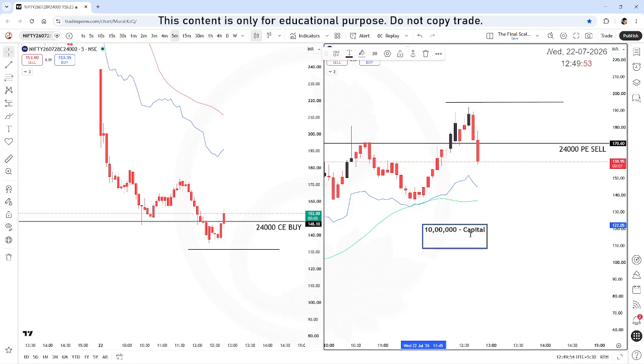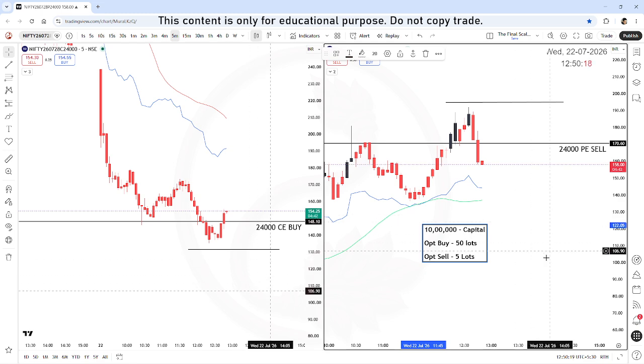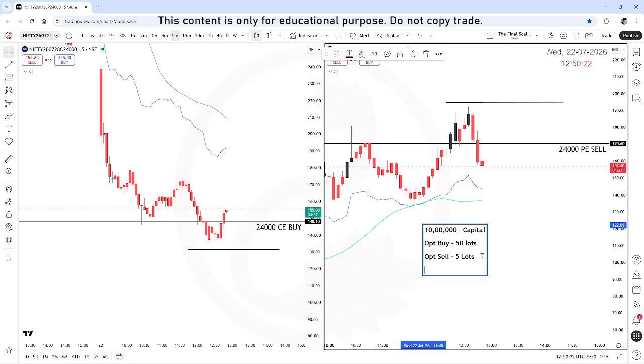If we only buy options, depending on the price, depending on the premium, we can probably buy, let's say, 50 lots, right? And if we are selling options, we won't be able to sell more than 5 lots here, right? Now, we are doing both. We are buying and selling as well, right?